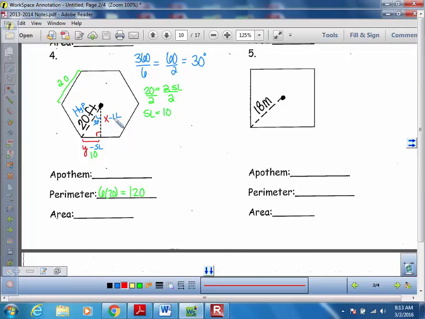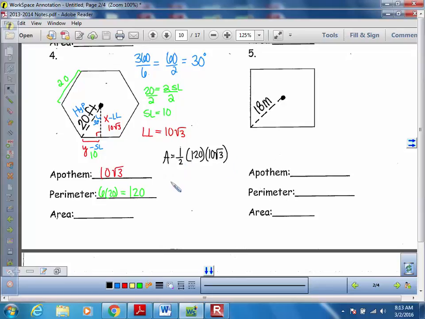Now we want to find the long leg, and since we have the short leg, we can use that. I know that my long leg is equal to my short leg, which is 10, times the square root of 3. So my apothem is going to be 10 square roots of 3. So now I have perimeter and apothem, so I can plug in. My area is going to be 1/2 times the perimeter, which is 120, times the apothem, which is 10 square roots of 3.